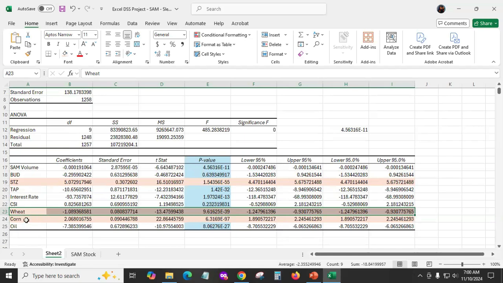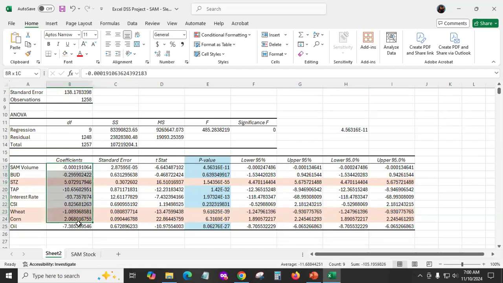So in this case, wheat, corn, and the price of Constellation seem to be pretty significant, whereas the price of Molson's is up there as well, as is oil. Surprisingly, Budweiser has, I guess, a weak correlation to the price of the Sam Adams stock. So this is your P value.